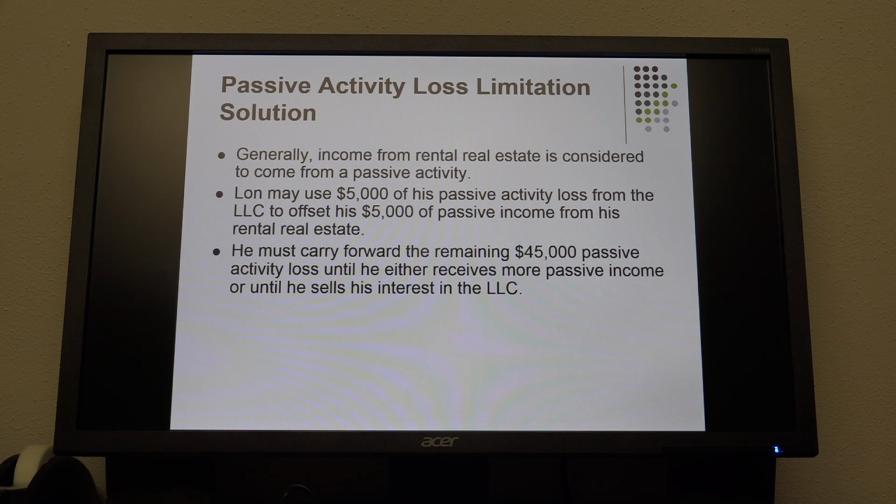So anyway, I think you kind of have to know those facts to get the full understanding of this illustration. So anyway, what he's doing is taking the 5 from the rental real estate, passive income from the rental real estate, and offsetting that against the passive activity loss from the LLC.